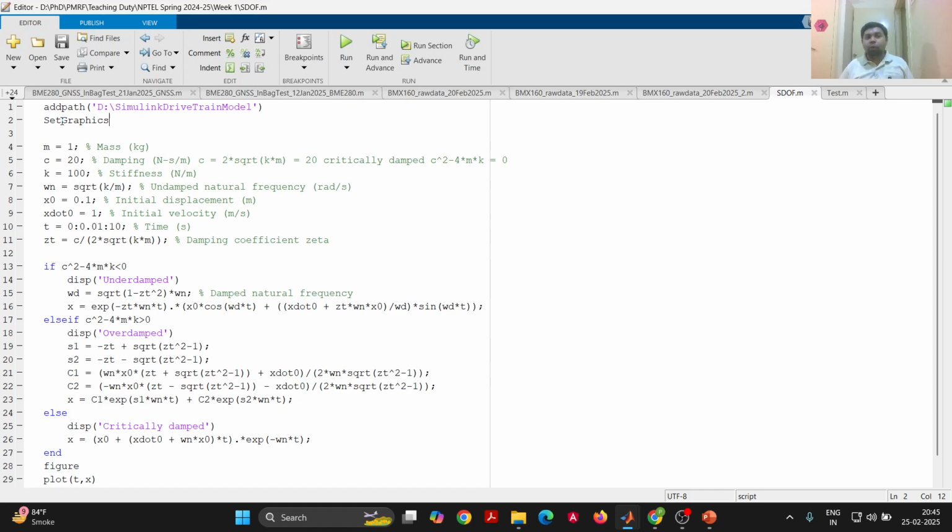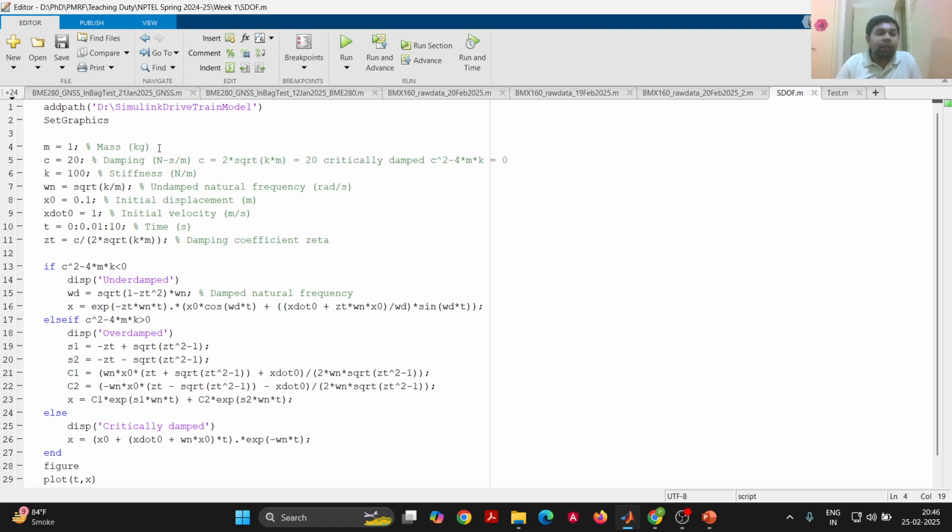If you don't do these settings, MATLAB will use its default settings for the figures. But if you want to use a customized setting, you can write another piece of code and keep reusing it as per requirement. So the first two lines are for that.